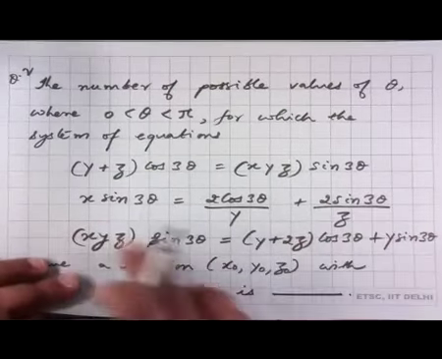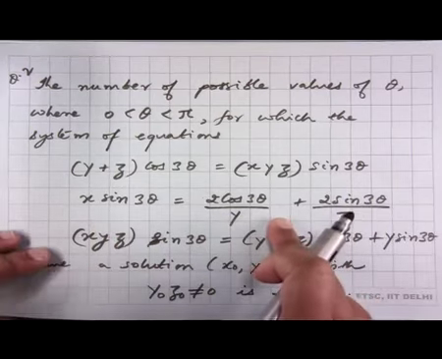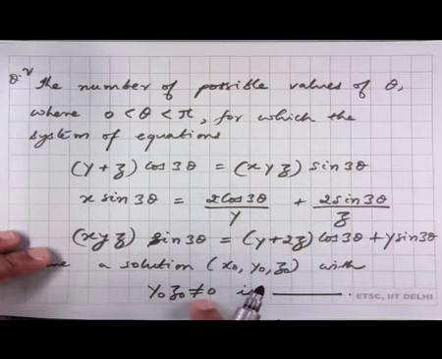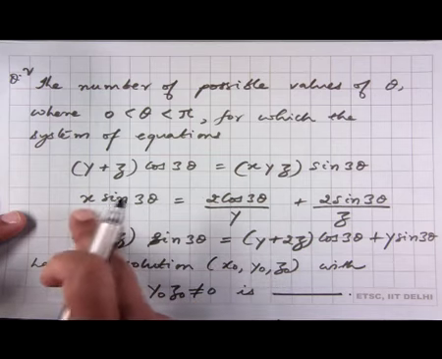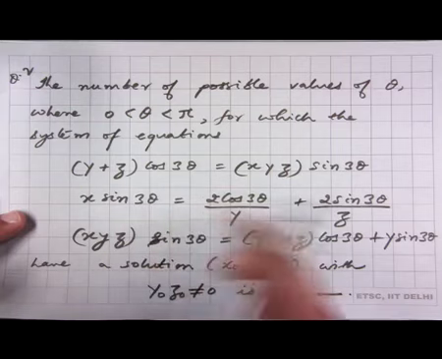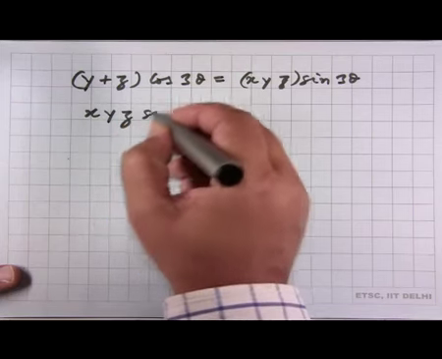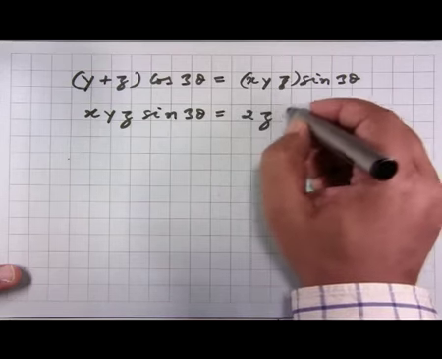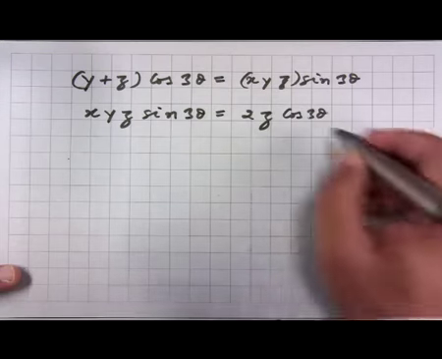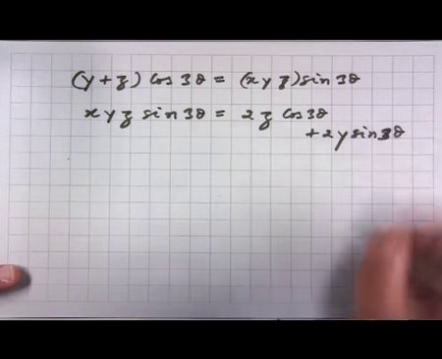And then in the second equation, we multiply both the left and the right hand side with y times z, because we are looking for a solution where y times z is not equal to 0, and when we do that, what we get is x y z sine of 3 theta is equal to 2z cos of 3 theta plus 2y sine of 3 theta.